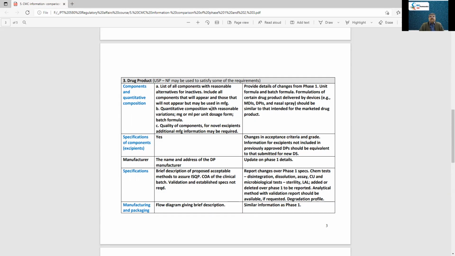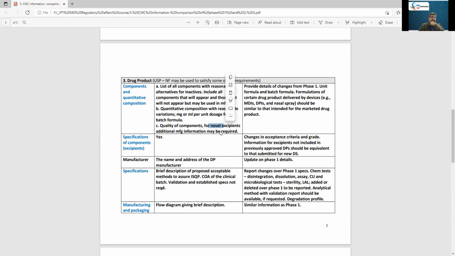Then a quantitative composition with reasonable variations and milligram or ml per unit dosage form composition and batch formula needs to be provided. Quality of the components, and for novel excipients, additional manufacturing information might be required. If you are using one excipient for the first time, so it will become a novel excipient, and the regulatory agencies want you to supply additional information about that particular excipient.